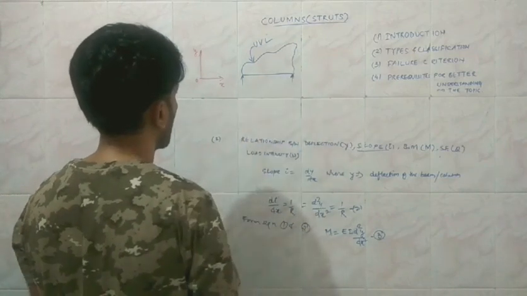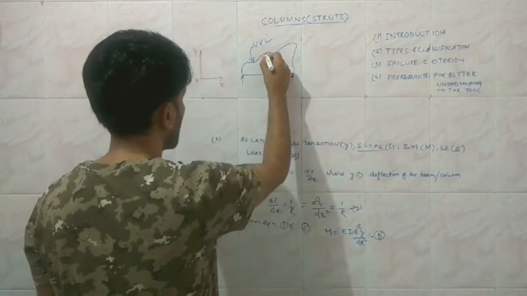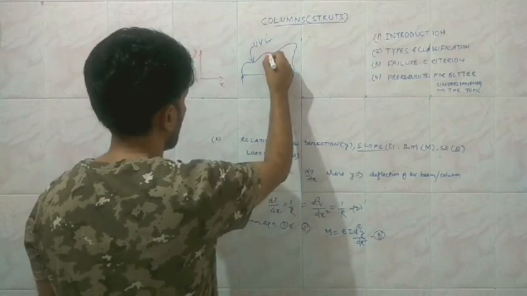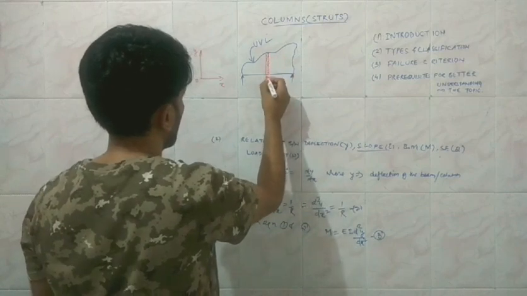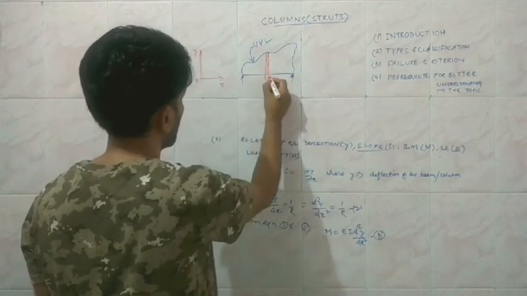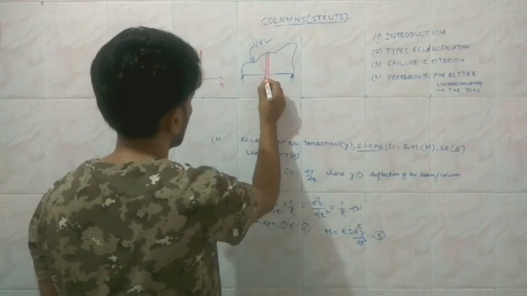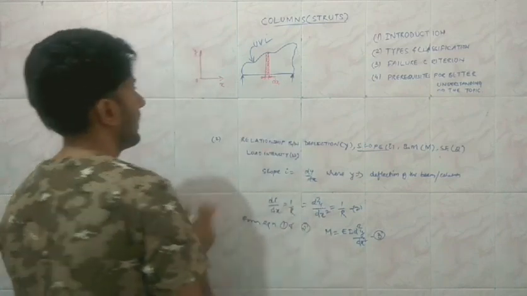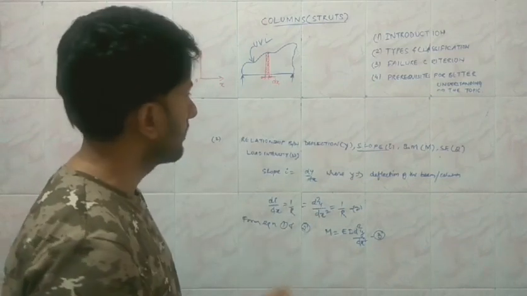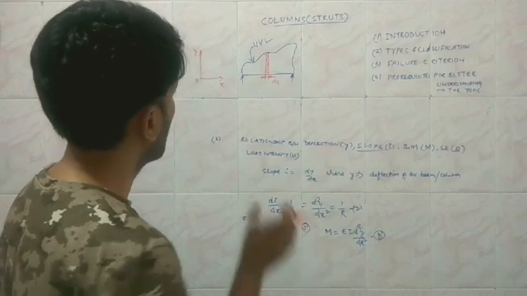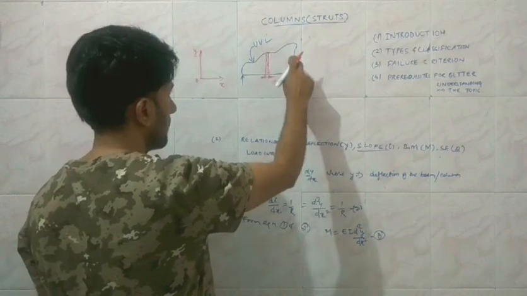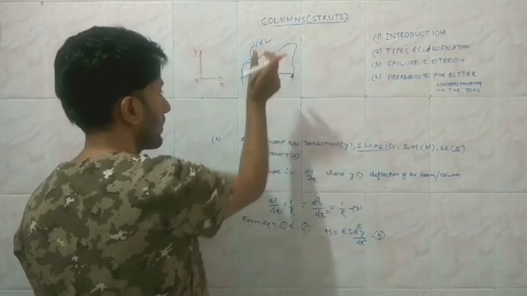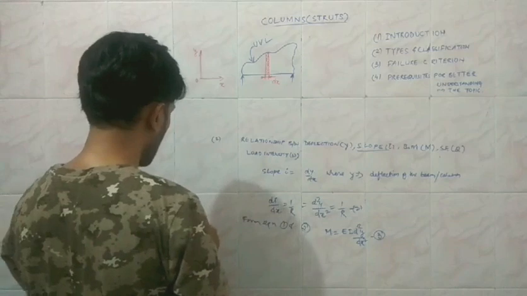So there is no need to take the origin actually in this case, because we are only considering a differential amount of the beam, and the length is going to be x because of the coordinate system we have chosen. So this distance is going to be your dx. And since we are dealing with only an elementary length of the beam, the actual load on the beam is UVL, uniformly varying load, but over a small portion it can be considered a uniformly distributed load.